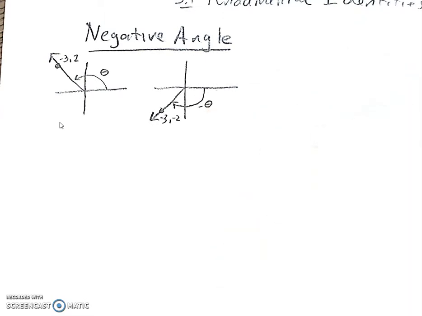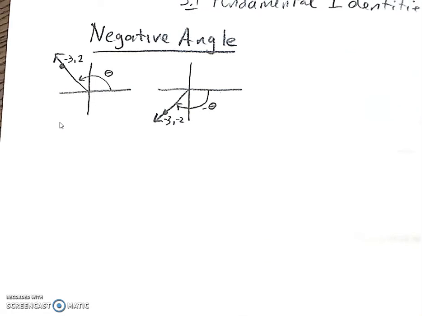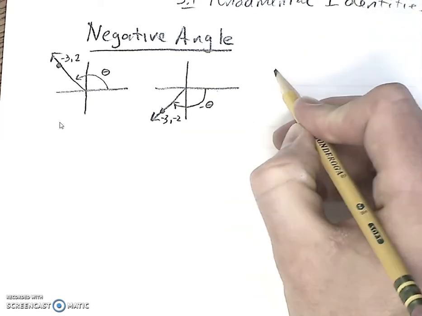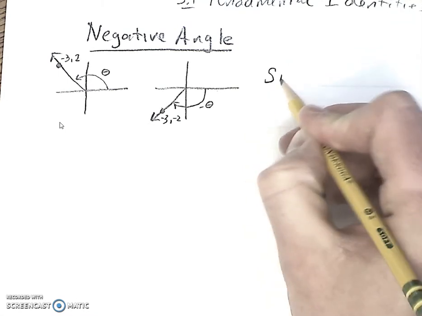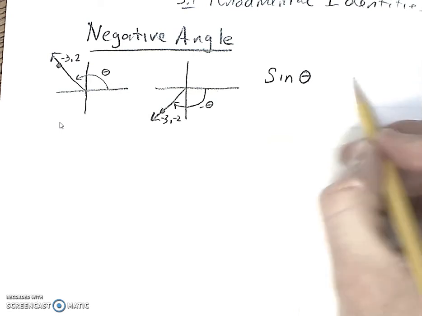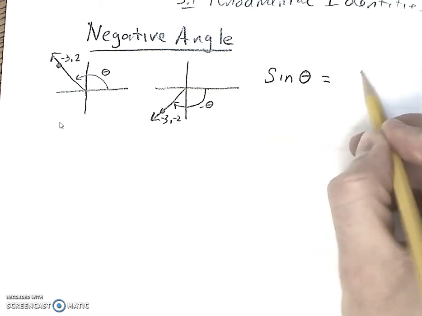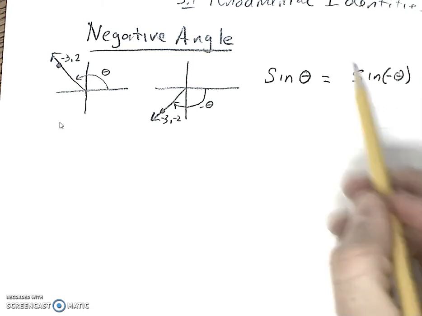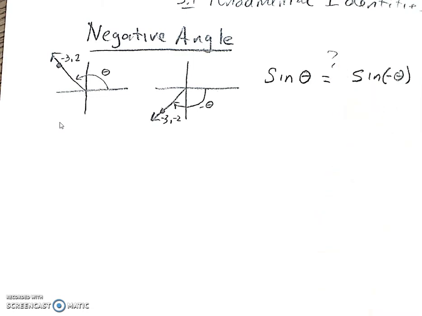This would be the angle negative theta. Now, what we want to know is, all right, what does sine theta equal in terms of sine negative theta? Are these going to be the same, right?